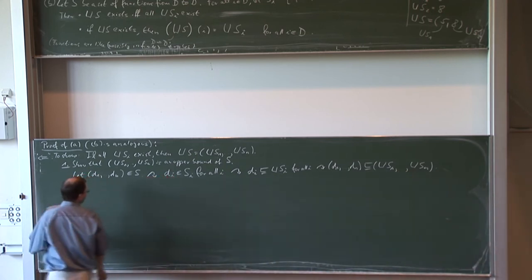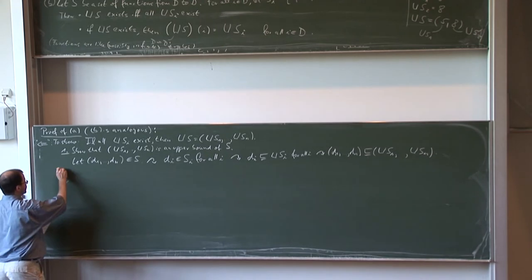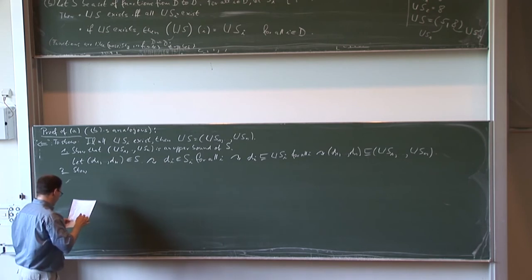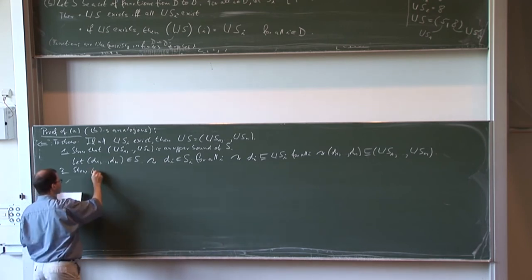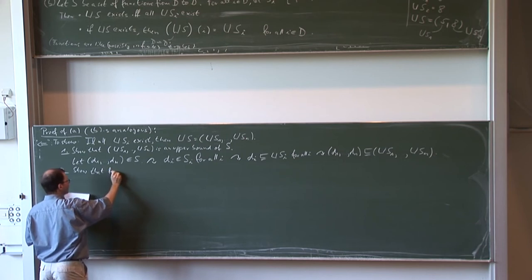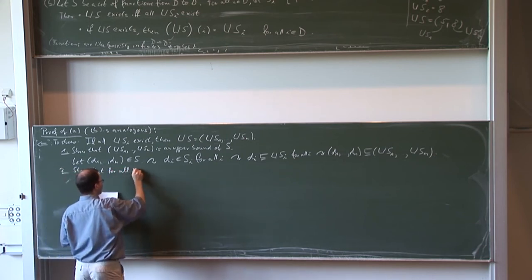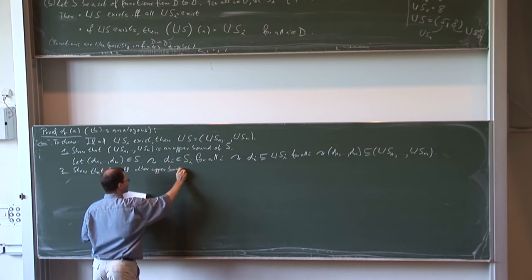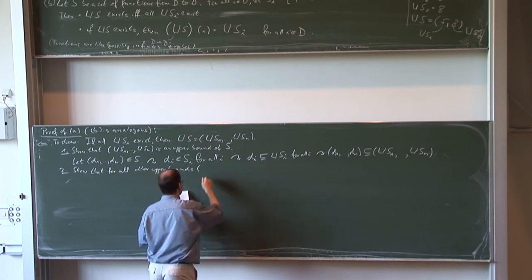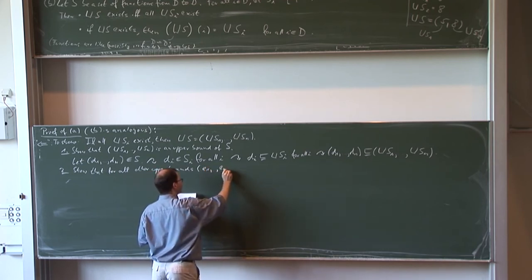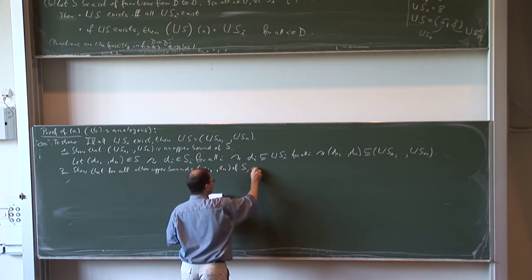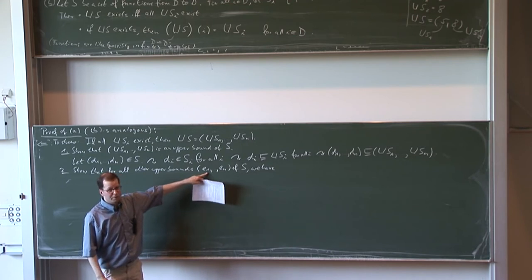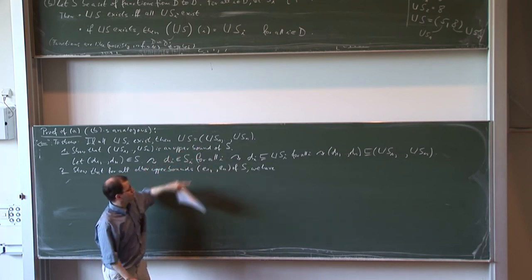Now part 2 is we have to show that it is the least upper bound. So show that for all other upper bounds, show that for all other upper bounds E1 to En, this other upper bound is bigger or equal to the upper bound that we found here.